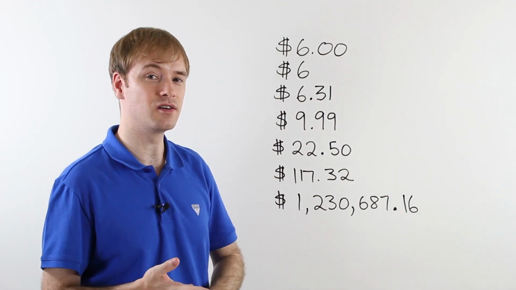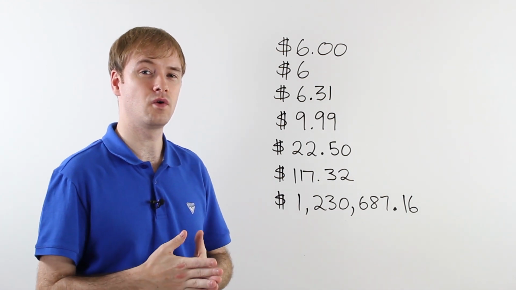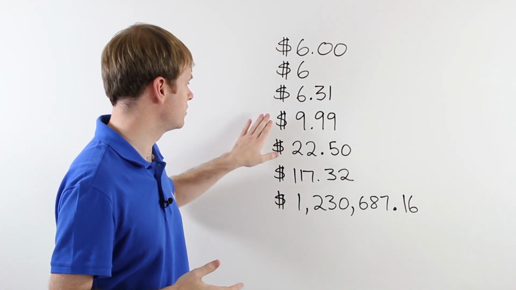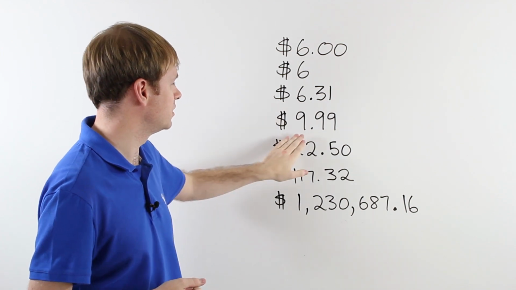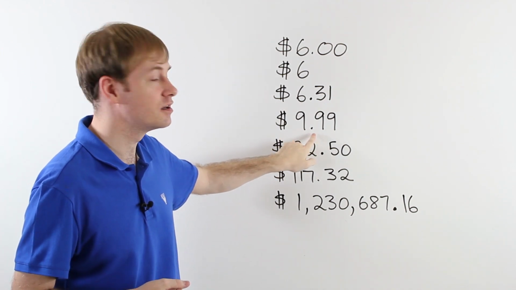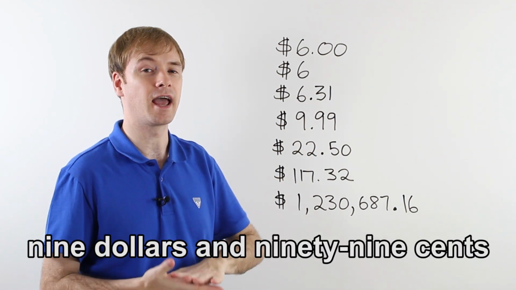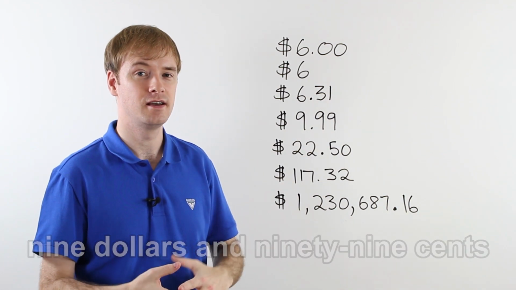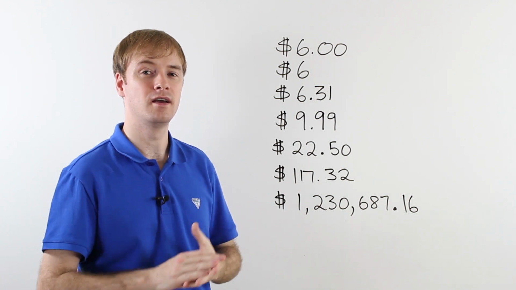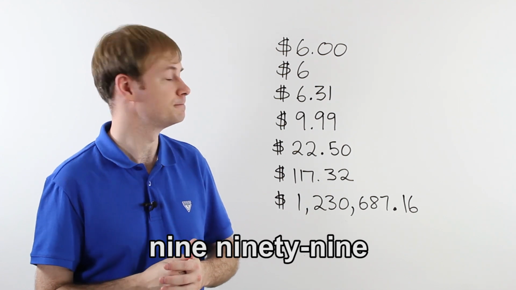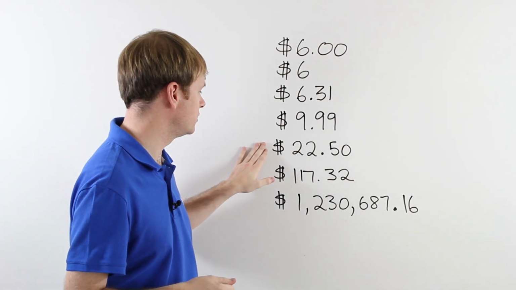There's actually two ways: six dollars and thirty-one cents, or the quick way, six thirty-one. All right, let's look at the next one. How much is it? $9.99. And of course, the quick way, nine ninety-nine. All right, let's move on.